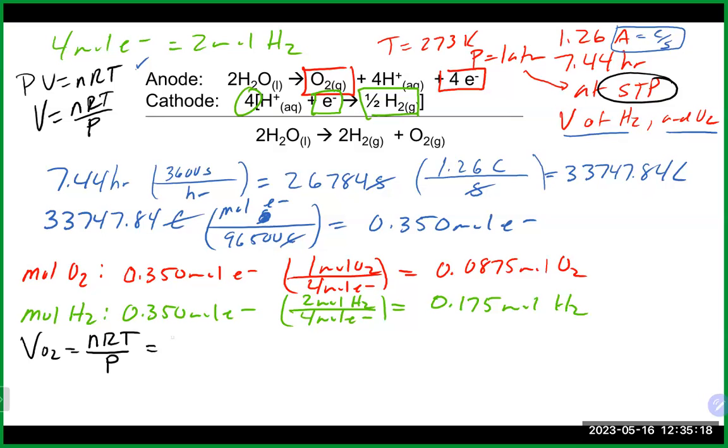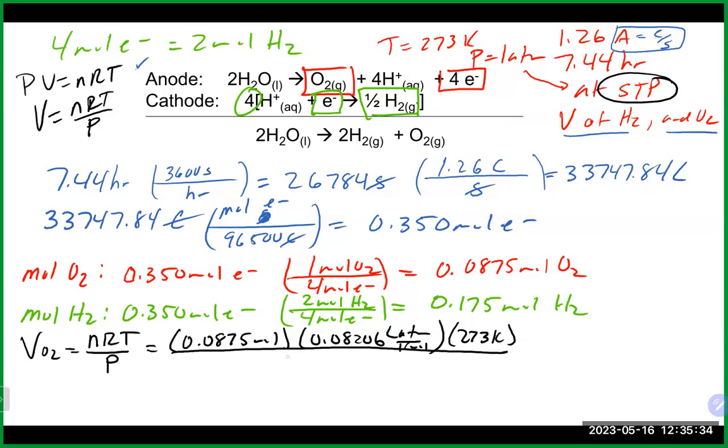For our n, we have 0.0875. We have our gas constant, and our temperature, which is 273, and our pressure, which is 1 atmosphere.